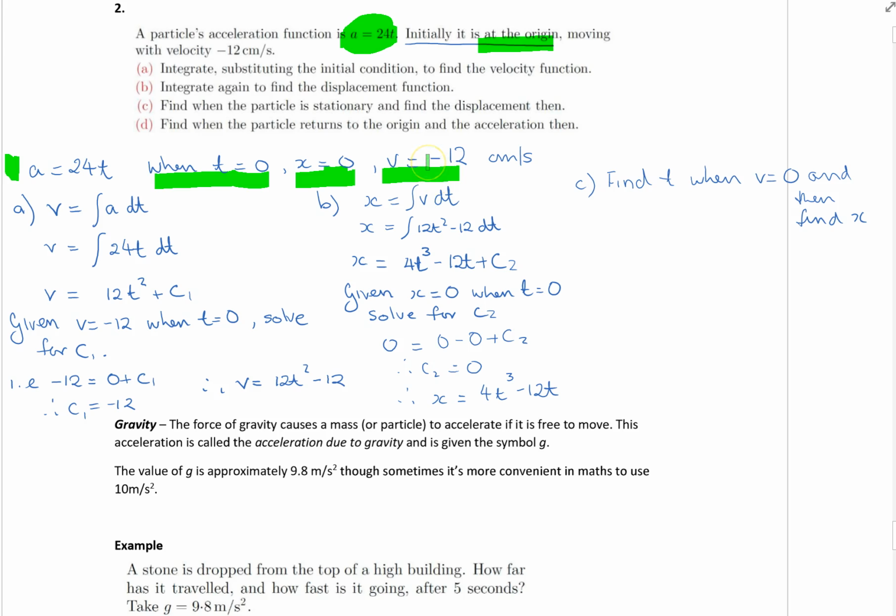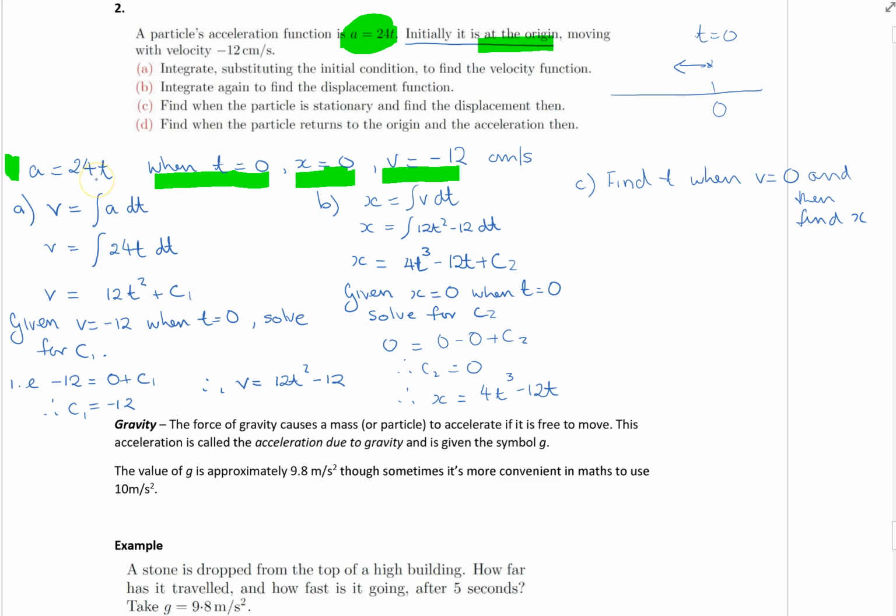So if I was to draw my understanding of the situation from the beginning, this is 0 displacement, the particle's going in that direction, and this is t equal to 0. So t is equal to 0, displacement is equal to 0, velocity is in the negative direction, and it's got a function for its acceleration, which looks positive.